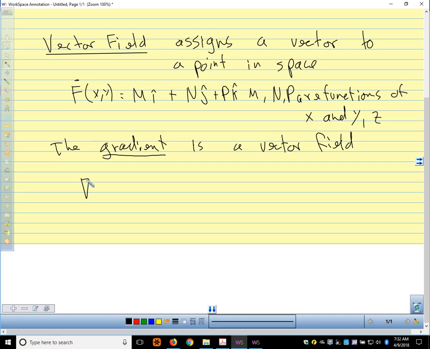Because del of a scalar function, del of f of x, y, z, is f sub x i hat plus f sub y j hat plus f sub z k hat. And these partial derivatives are functions of x, y, and z. The gradient is going to turn out to be an important type of vector field.